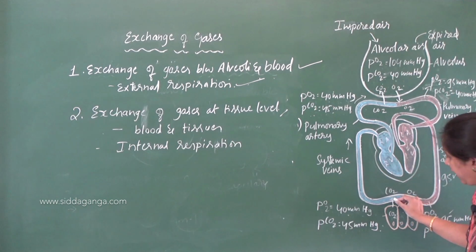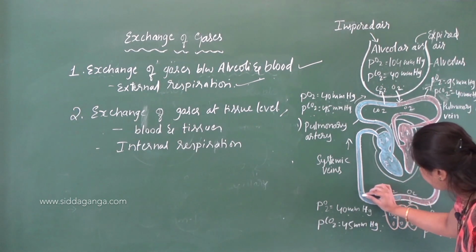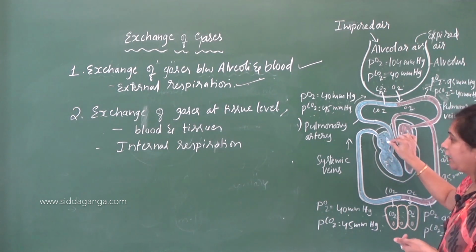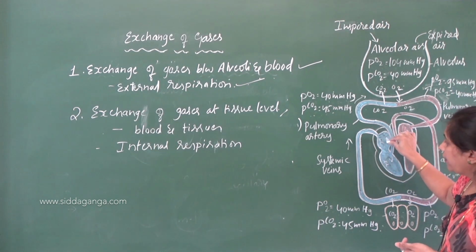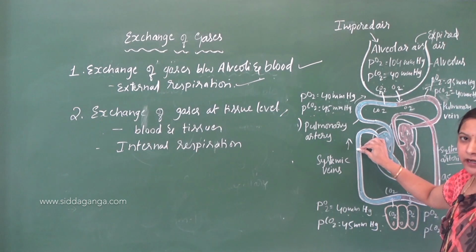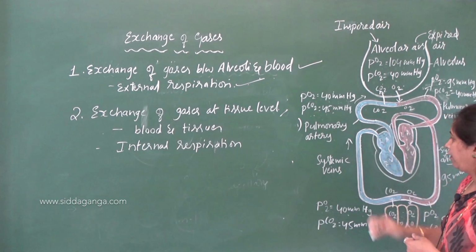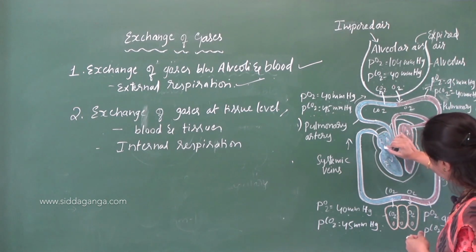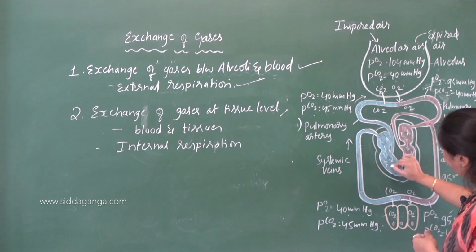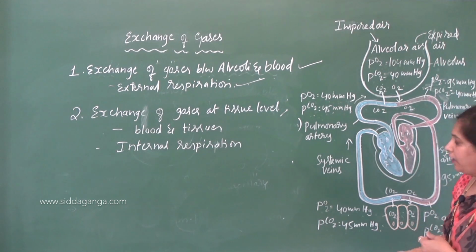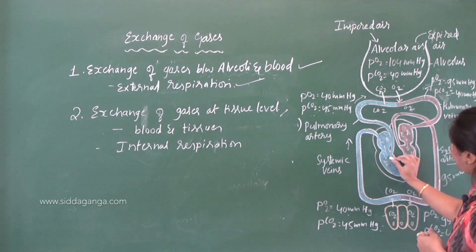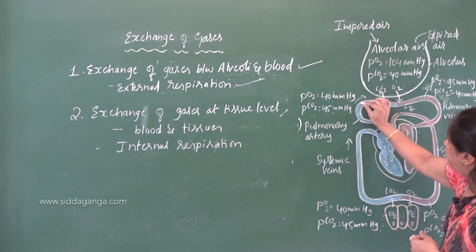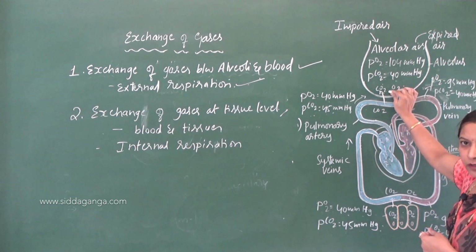When the carbon dioxide diffuses into the blood, the blood becomes deoxygenated, rich in carbon dioxide. This carbon dioxide rich, deoxygenated blood is carried to the right atrium of the heart by the larger veins, the superior vena cava and the inferior vena cava. The blood from the right atrium enters the right ventricle, and from the right ventricle the pulmonary artery carries the deoxygenated blood to the lungs.